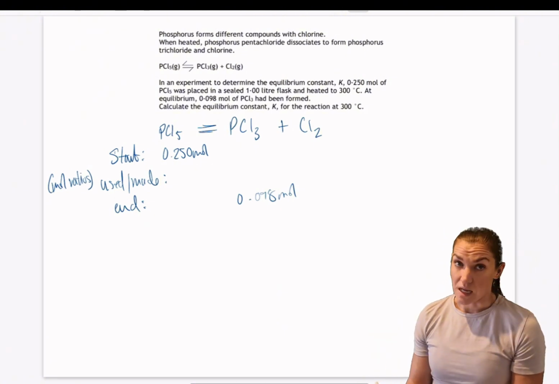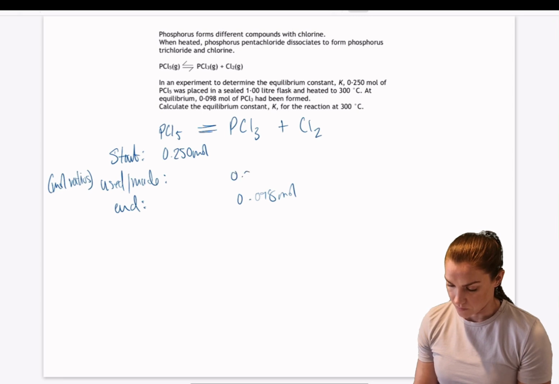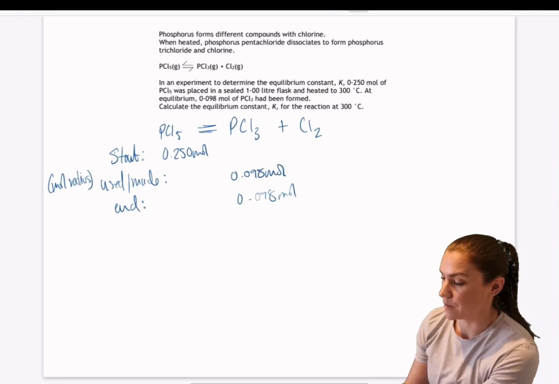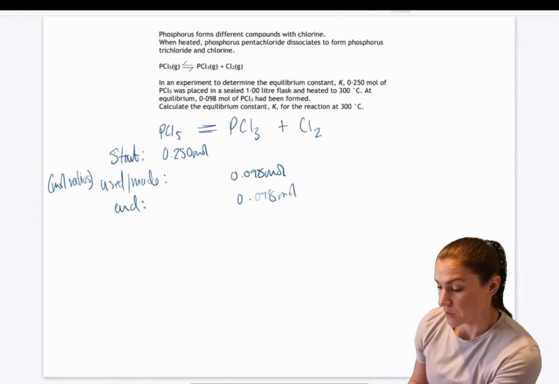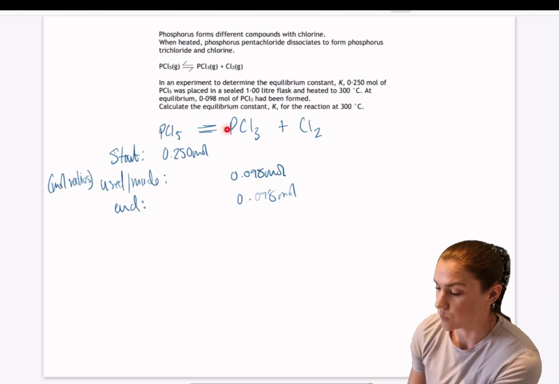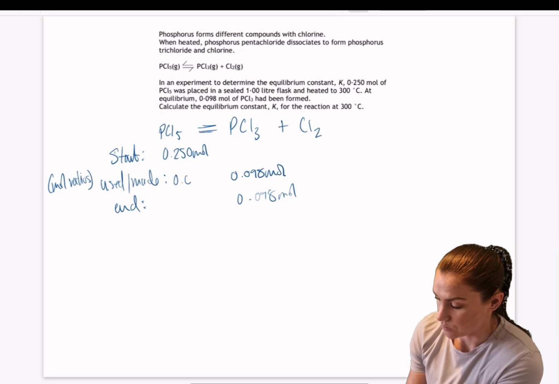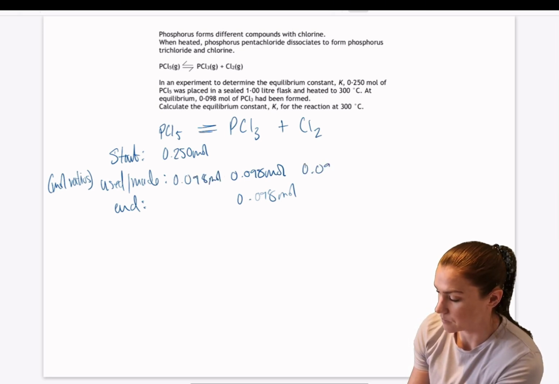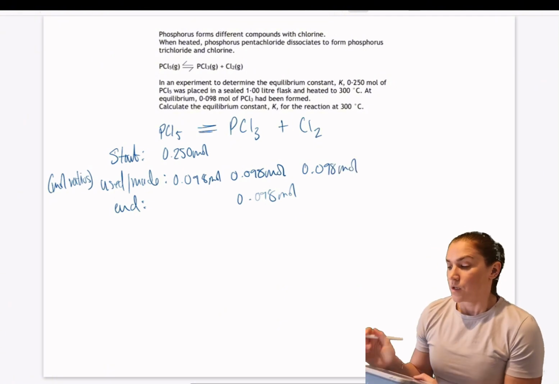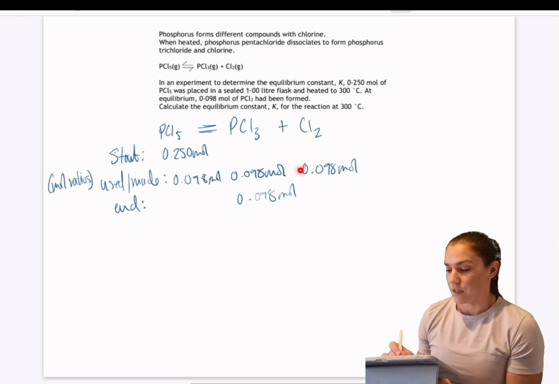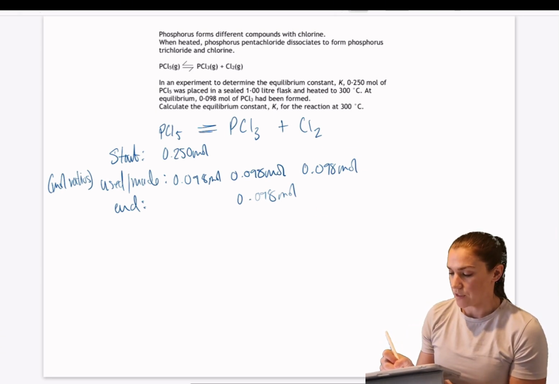That means that we made 0.098 moles of PCl3. And now we've got a number in that middle row, we can apply the mole ratios. Because it's 1 mole, 1 mole, and 1 mole, this middle row is all going to be 0.098 for all of them, because it's 1 mole in the ratio for each. That means we had 0.098 moles of chlorine at the end, because that's a product.